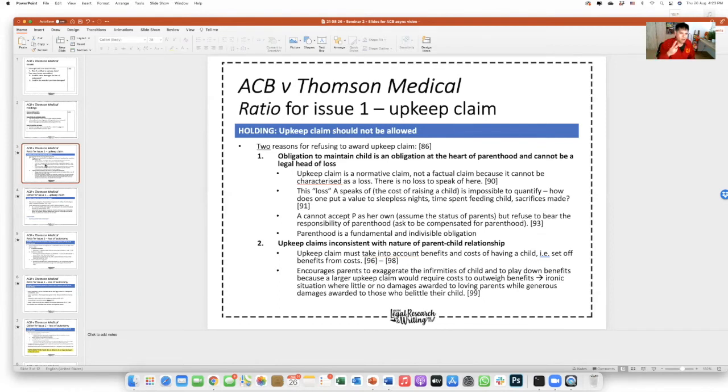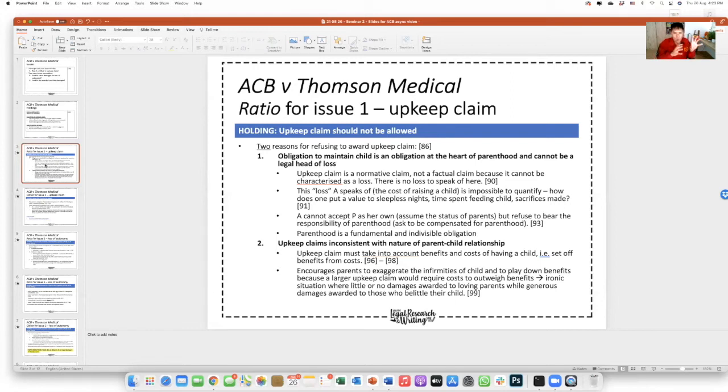There are 2 main reasons for why the court said, no, I'm not going to allow your upkeep claim. And these 2 main reasons are, like what we discussed in class, rather philosophical or moralistic in nature, right? So the court is saying that, look, first, the obligation to raise a child is a moral obligation that is at the heart of parenthood. And therefore, this kind of moral obligation cannot be translated into a legal loss, right?